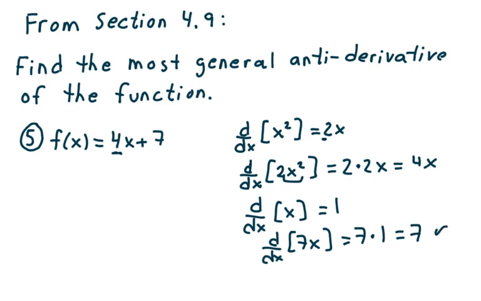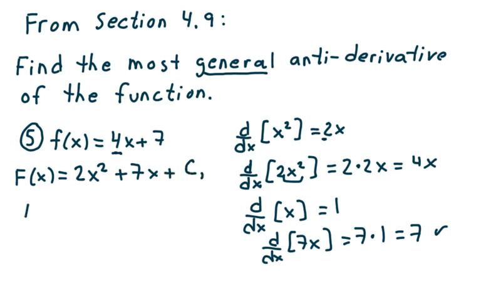So the general antiderivative is going to look like the following. Capital F of x is going to equal 2x squared plus 7x. That's an antiderivative, but remember, we want the most general. And so what we need to do is add c to the end.